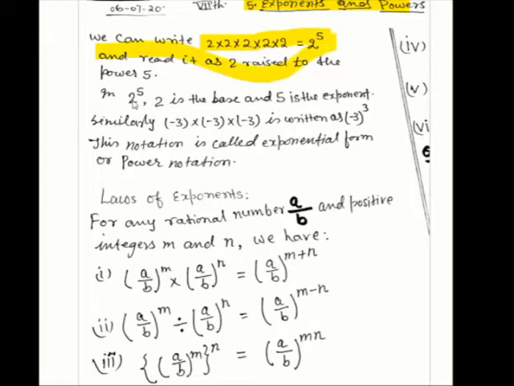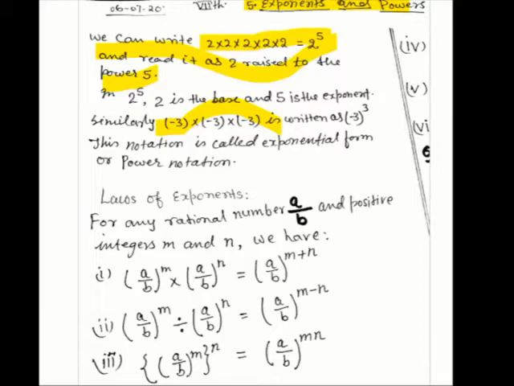Similarly, we can write, for example, -3 into -3 into -3, shortly as -3 to the power 3.